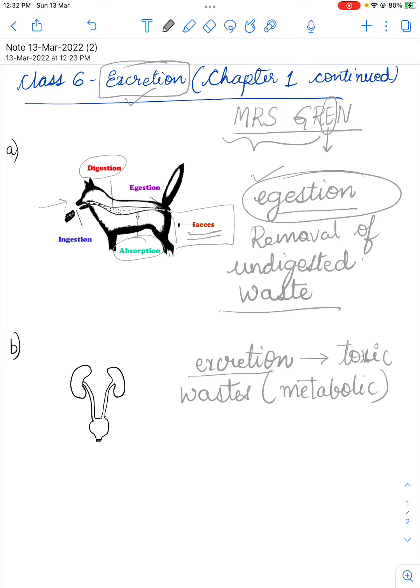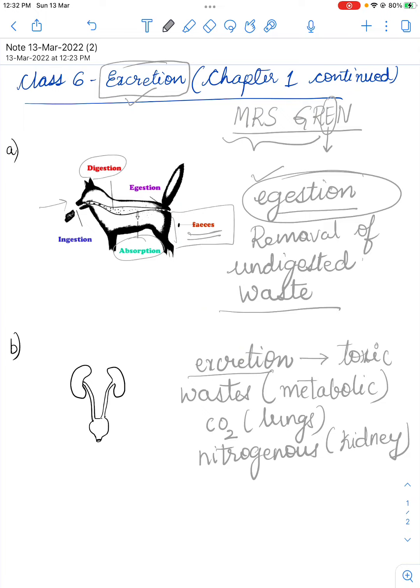It may be the removal of carbon dioxide from our body, which is done by the lungs. It may be the removal of nitrogenous wastes, which is done by our kidneys. Hence the diagrammatic representation.